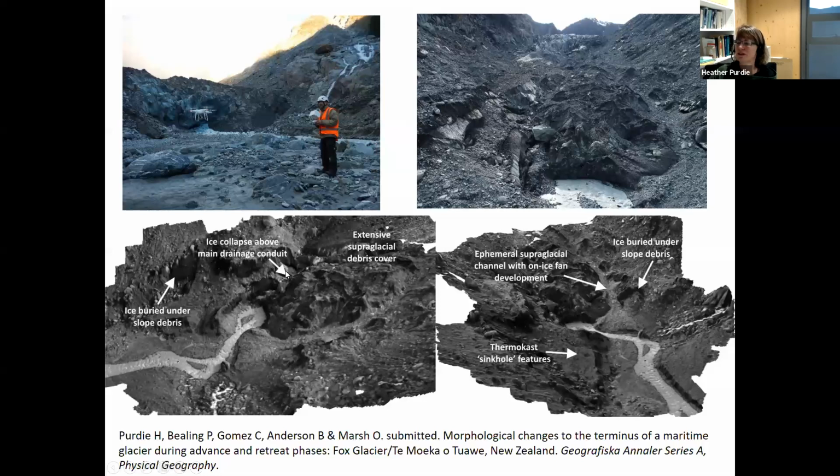And what we're finding is that the collapse over the main drainage conduit is setting a bit of a pace for the up-glacier retreat, or the gradual collapse of the terminus up the valley is being quite driven by the actual position of the main drainage conduit.